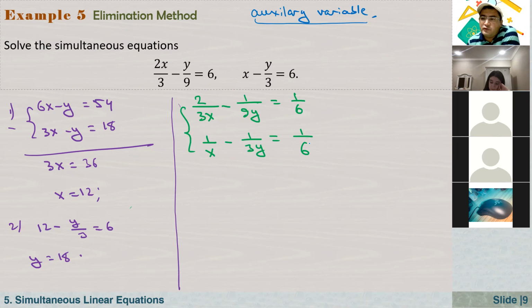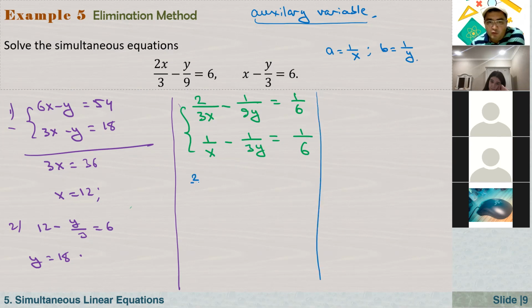But in math, if you introduce a new variable, we call it an auxiliary variable. So to solve this equation, let me introduce a = 1/x and b = 1/y. Then our equation becomes what?